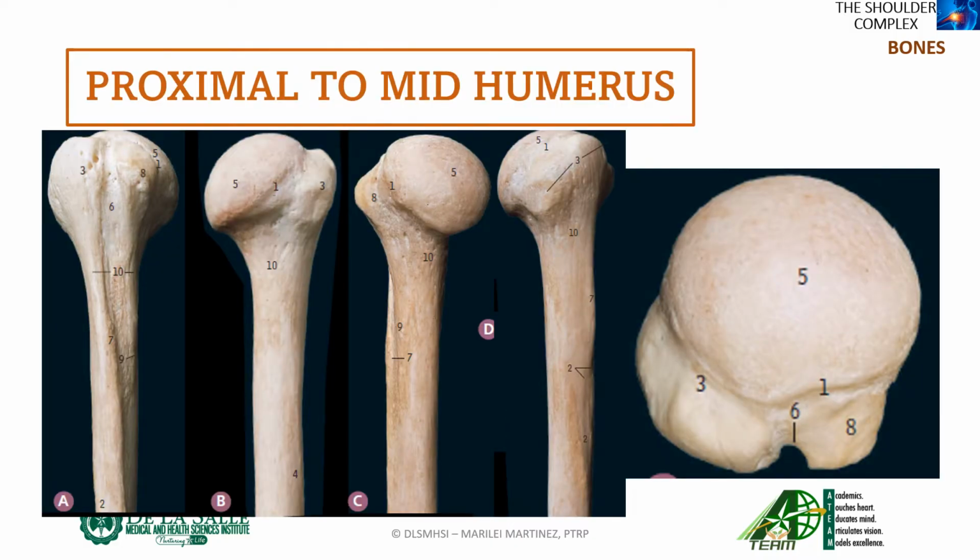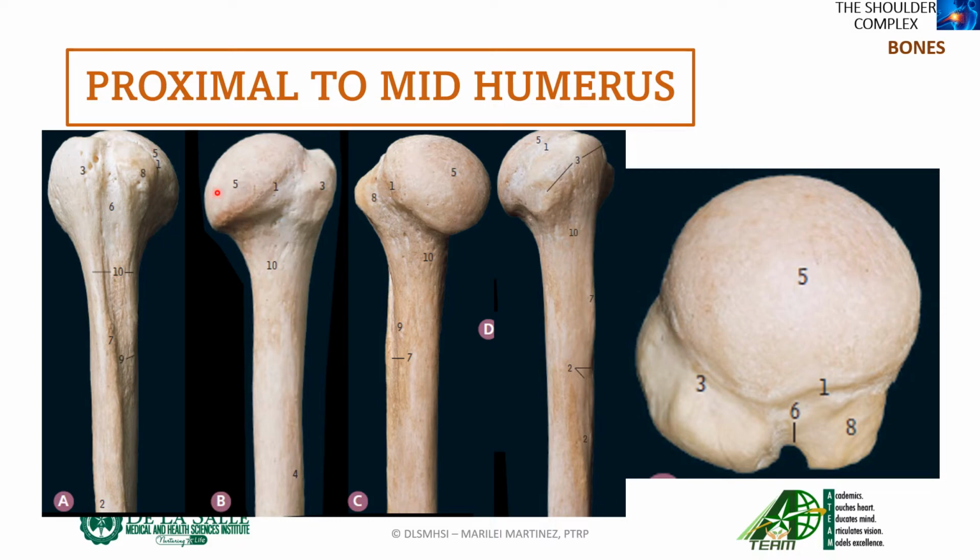Next, we have the humerus, specifically the proximal to mid humerus. So this is the anterior view, posterior view, medial view, lateral view, and a superior view to give emphasis on the humeral head and other structures in the area. First, we have your humeral head and the anatomical neck, which connects the humeral head to the shaft of the humerus.